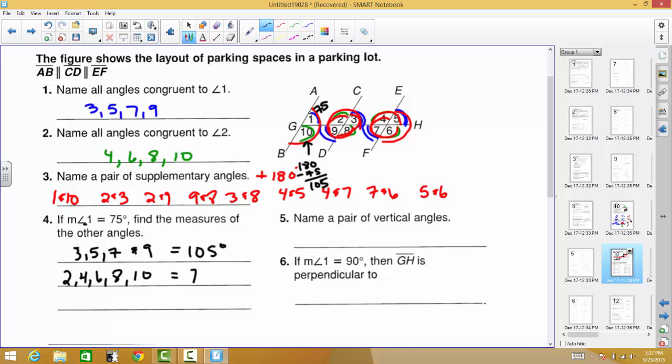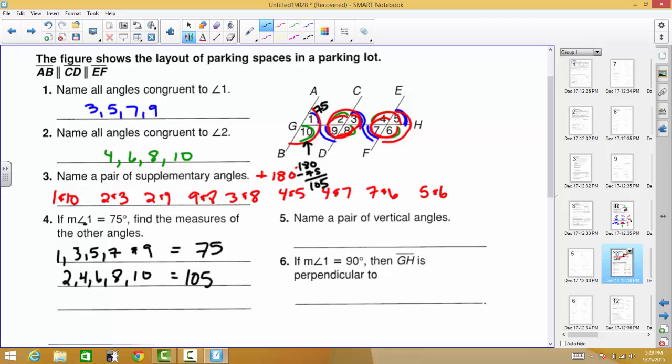Whoa, I just did that backwards. All the evens are 105. Hopefully you were like, what is going on? And all of the odds are 75. That looks better because 1 is an odd number and 1 is equal to 75.